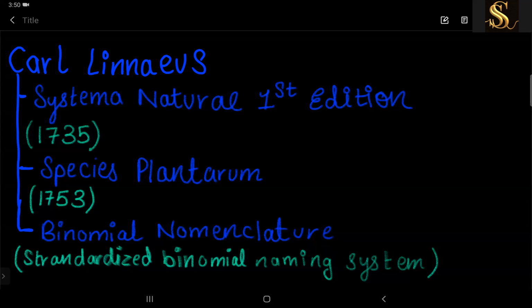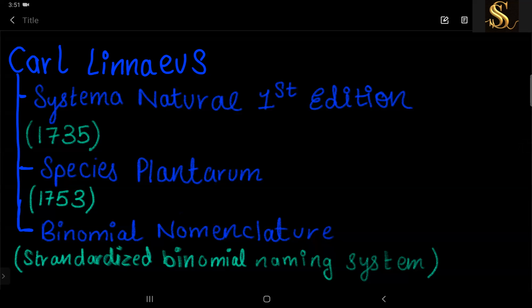Carl Linnaeus. The first thing here in the table is Systema Naturae, first edition. Did you know that Carl Linnaeus wrote a bunch of other editions of Systema Naturae? But the first one was written in 1735. The next thing is Species Plantarum.